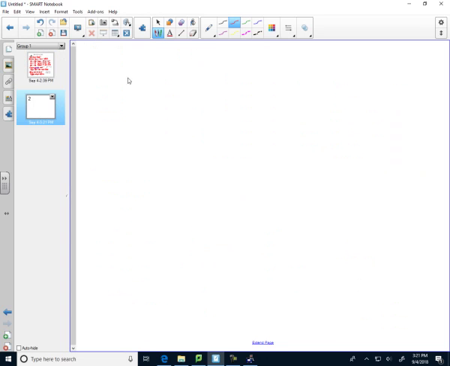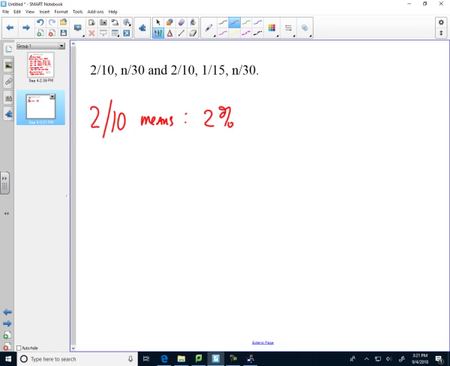I'm going to start a new page. Paste. So, here's some examples. 2/10 means 2% discount if you pay within blank days.